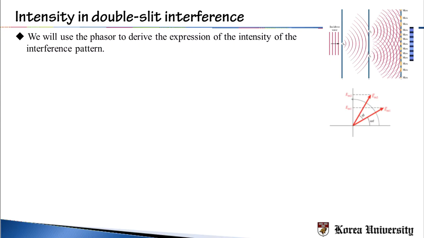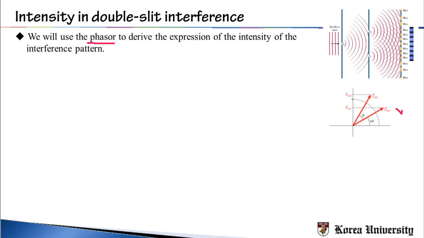Now we also want to think about the intensity of the light observed on the screen in the double slit experiment. In order to do that, we will use phasors. Do you remember phasors? Phasors were useful when explaining the alternating current in the RLC circuit. I hope you remember it. So these are the phasors.